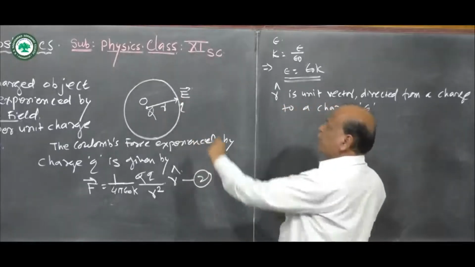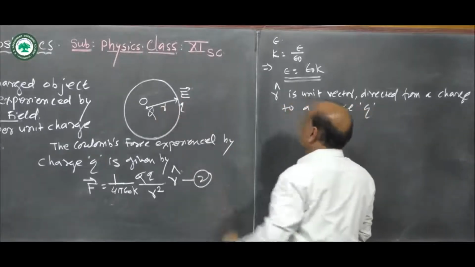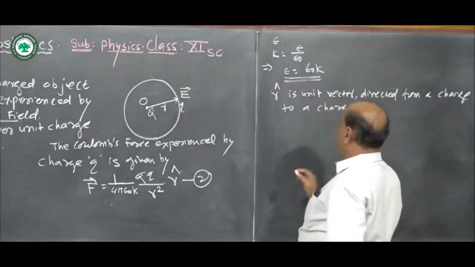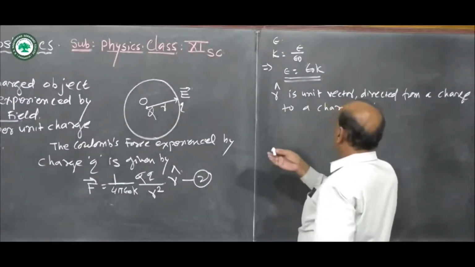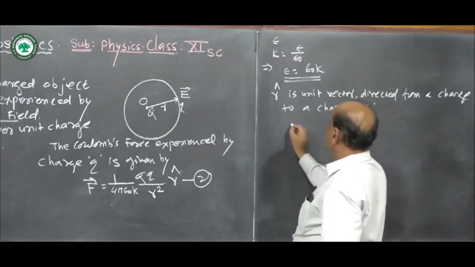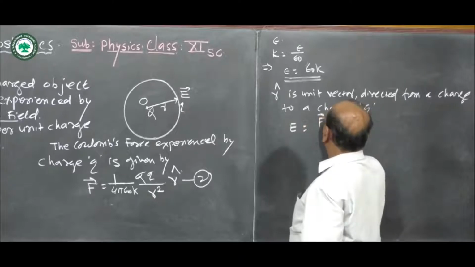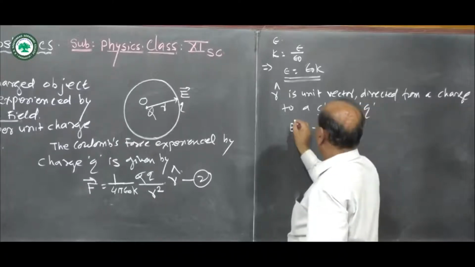Here the direction of electric field is the same as that of Coulomb's force, and therefore according to the definition, electric field E is equal to F bar divided by q.